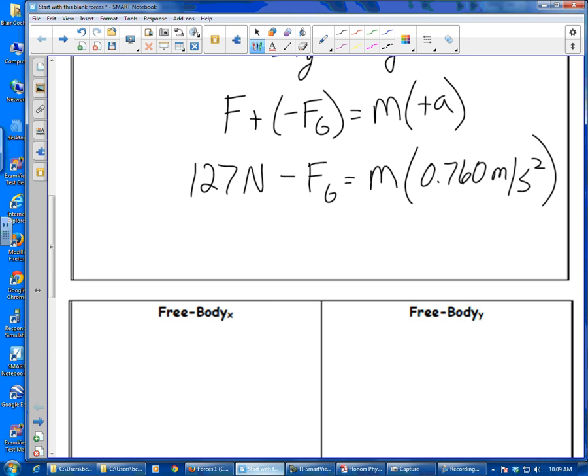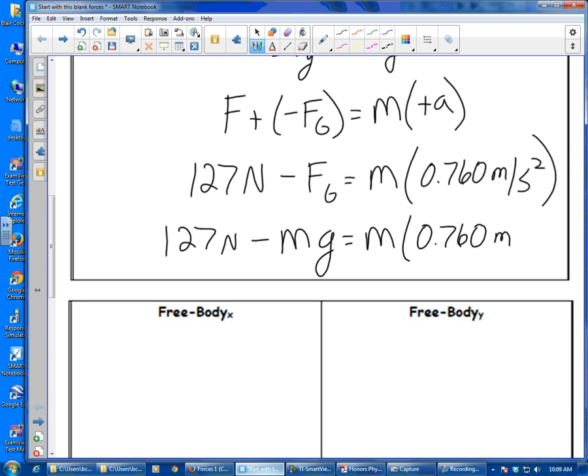Let's see. So I'm keeping my numbers in here. 127 newtons minus m times little g equals m times 0.760 meters per second squared. Yes, the weight, F sub g, is m little g.